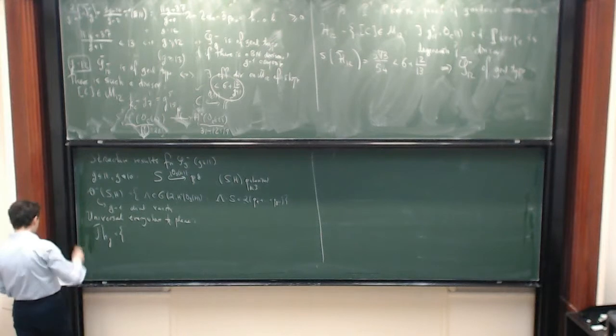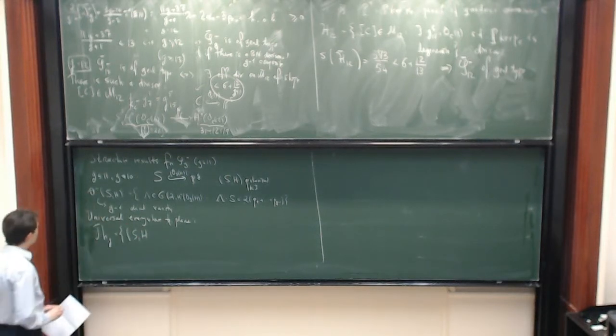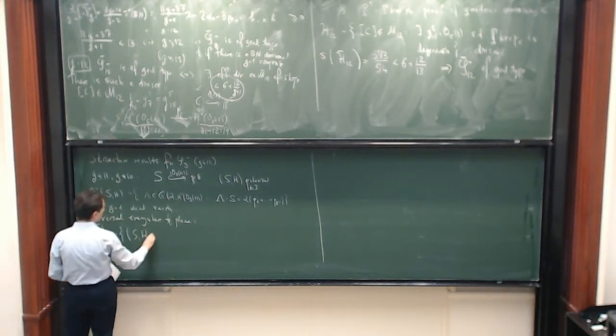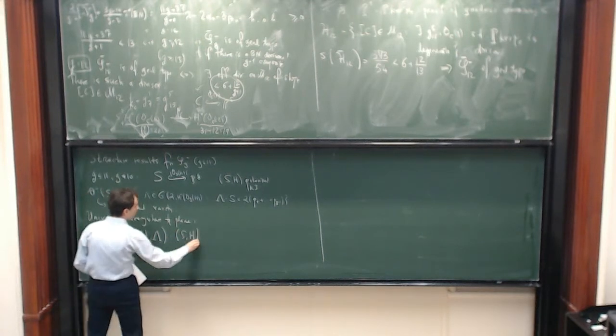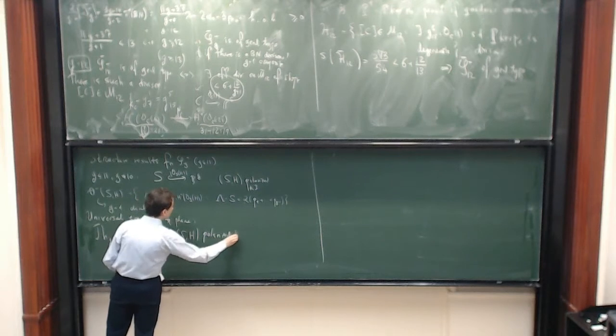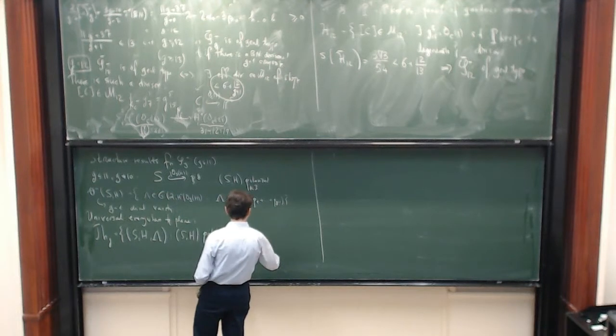This is the parameter space for elements of type S, H, theta, where S, H is a polarized K3 surface of genus g, so degree 2g minus 2, and theta is in theta minus of S, H.